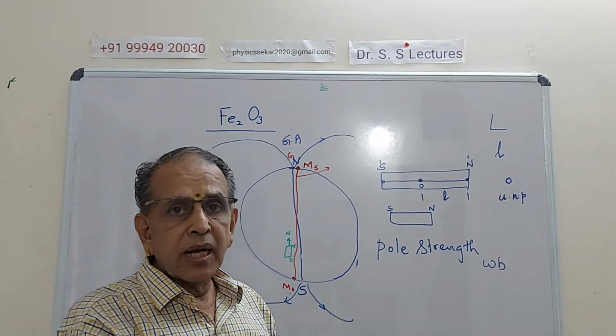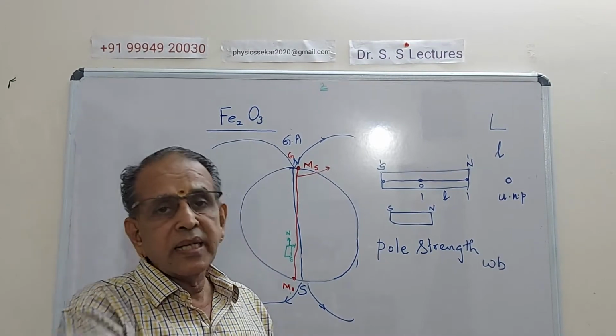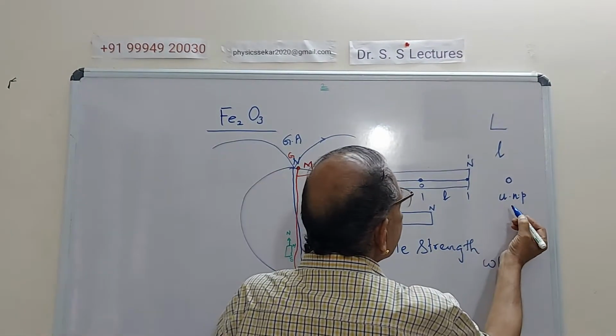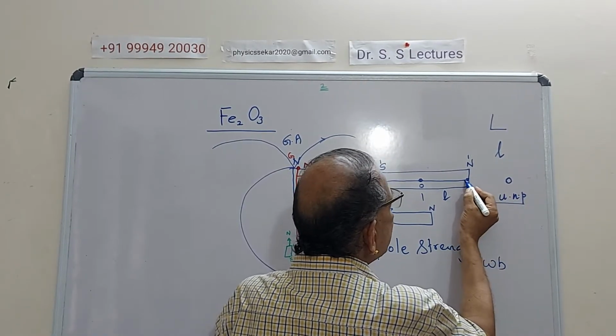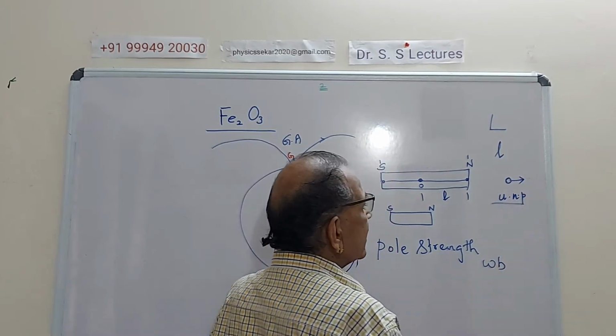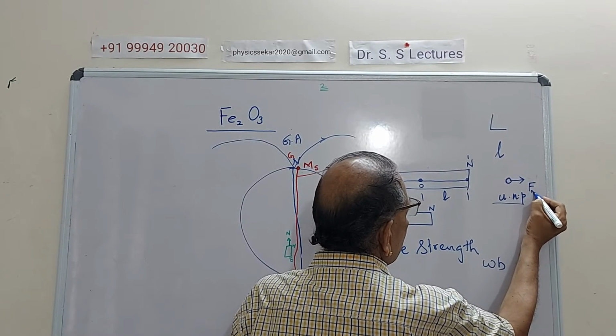That is called unit north pole with a force. What is that force? That is defined by Coulomb's law. Therefore, we find that the unit north pole from here will be experiencing a repulsive force. That is the force due to north pole.